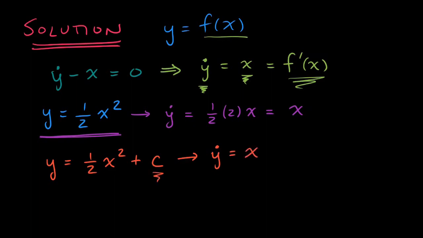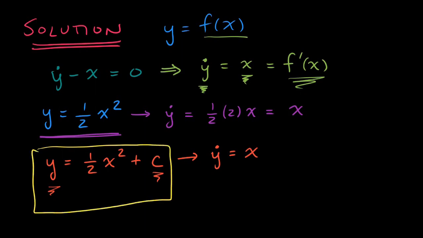This constant, all that does is shift this function y up and down, but the slope is essentially still the same everywhere. So this is a general solution to this differential equation. So really what we have are infinitely many solutions to the given differential equation. They're all separated by different values of the constant c.